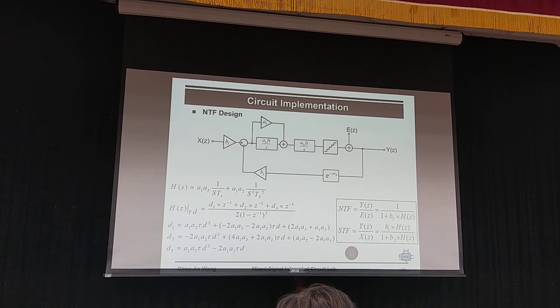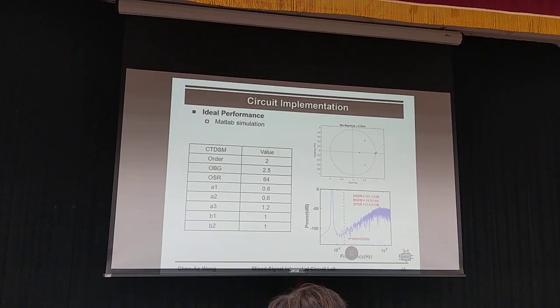This allows us to incorporate the nonlinear delay into our calculation and derive the Z domain and its corresponding system coefficients E1, D2, and D3. And finally, we use the NTF and STF. We import this precise mathematical model into MATLAB to perform loop coefficient optimization.